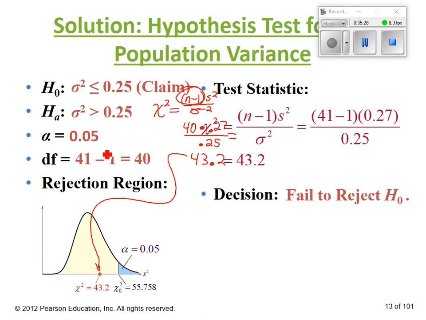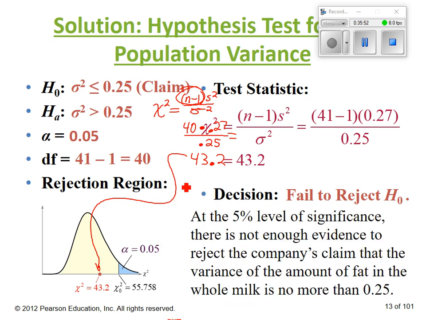With the 5% level of significance, there is not enough evidence to reject the claim that the company's claim was that their milk contains no more than 0.25 of fat. The amount of fat in the whole milk is no more than 0.25.